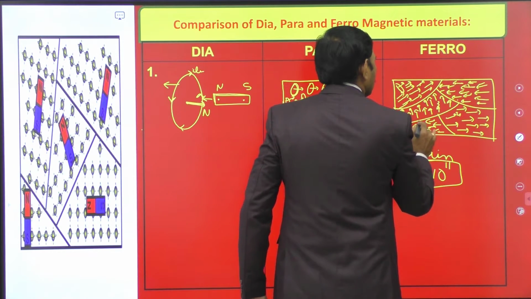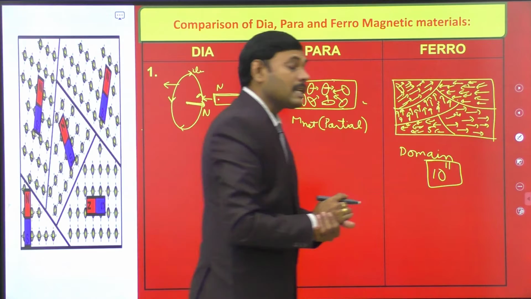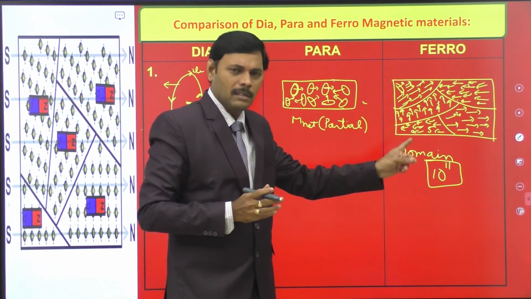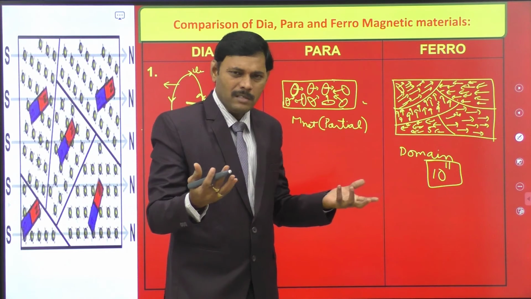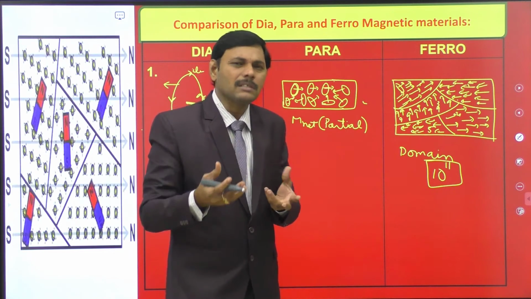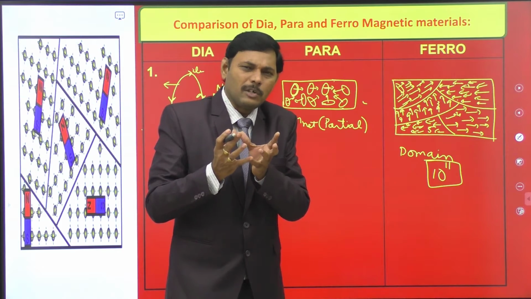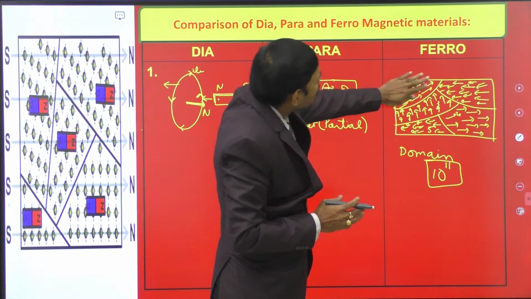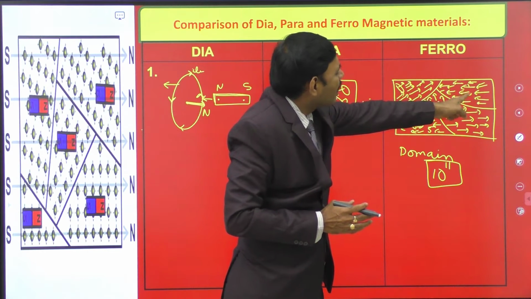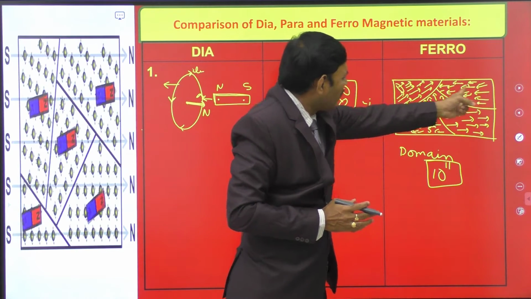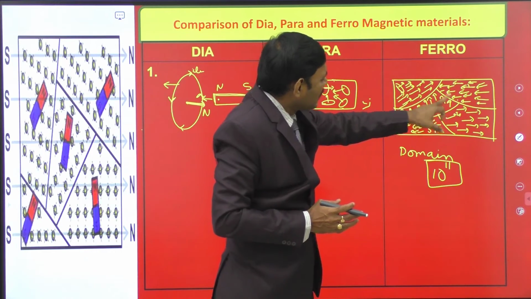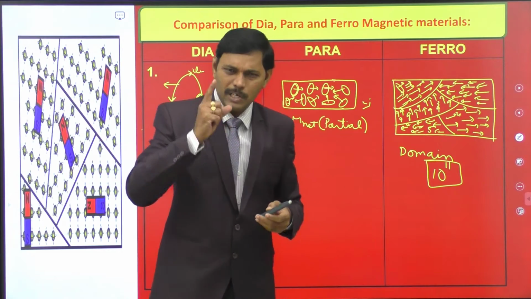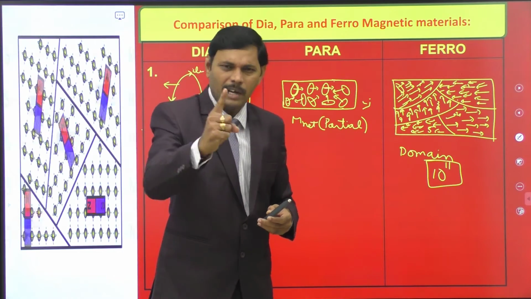When this magnetic material is kept in an external magnetic field, where each domain has a magnetic moment contribution of all atoms along the same direction, all atoms in each and every domain contribute magnetic moment along only one direction.